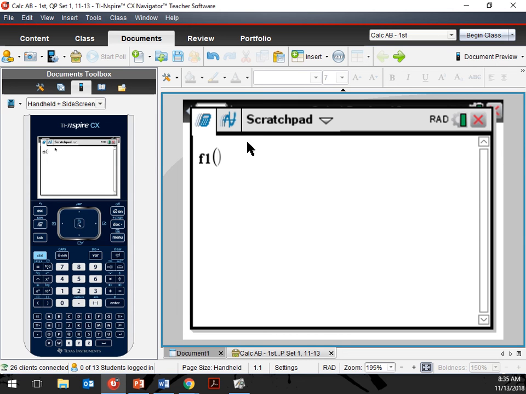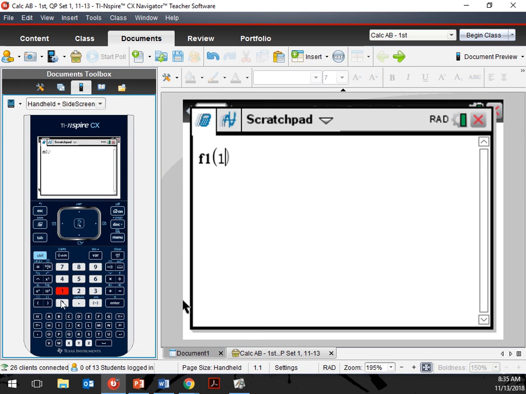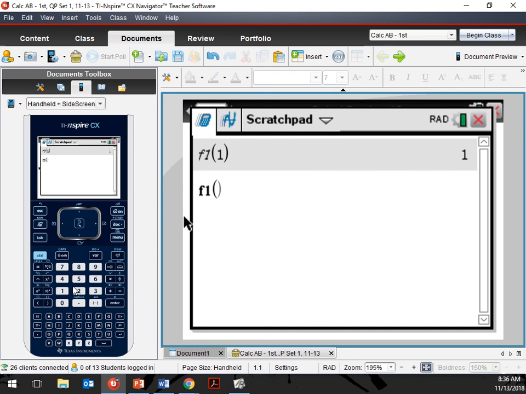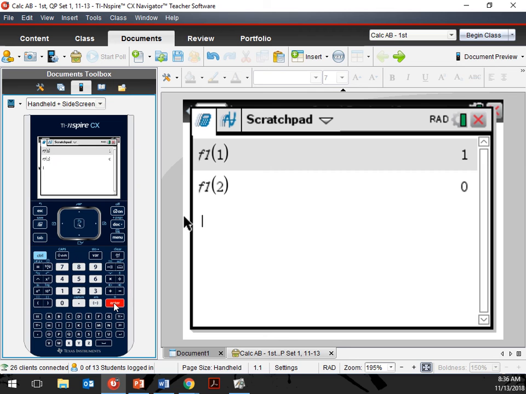Okay? So right here, what was my endpoint? I'm going to start at 1, right? So f of 1. What was my next one? 2. Remember, the function is not undefined. Only the derivative is undefined.